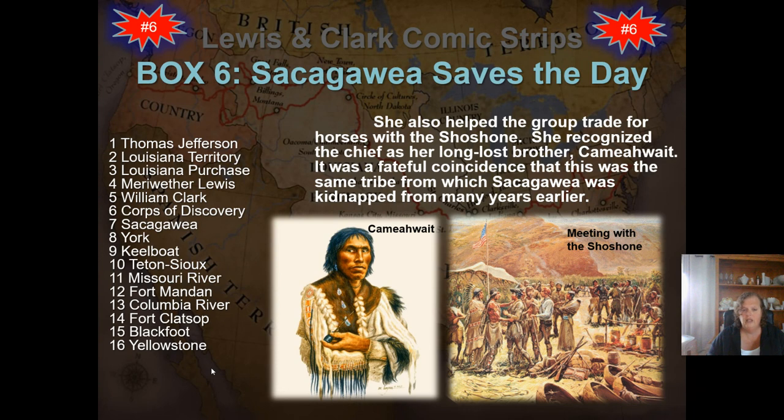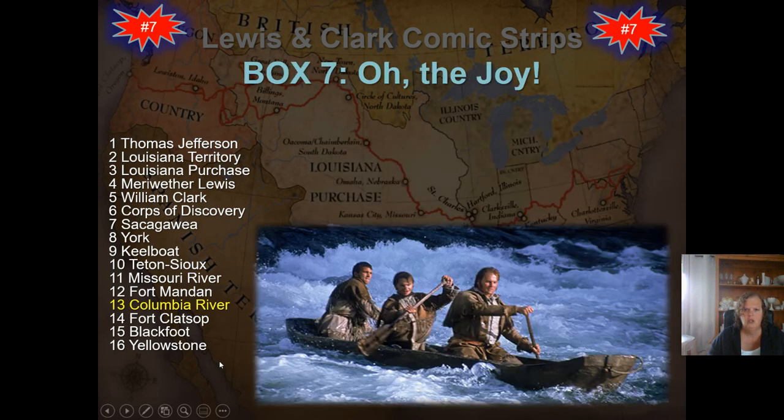And so when she starts negotiating, she realizes that she is actually negotiating with her brother. I mean, the odds of that happening in that whole vast area, it's just amazing. Sorry. So if not for Sacagawea being able to negotiate with her brother, the Corps probably would have had to turn around and go back because they really needed horses.